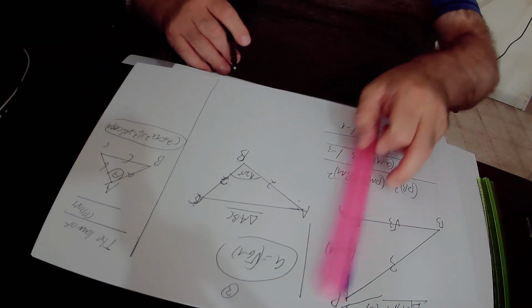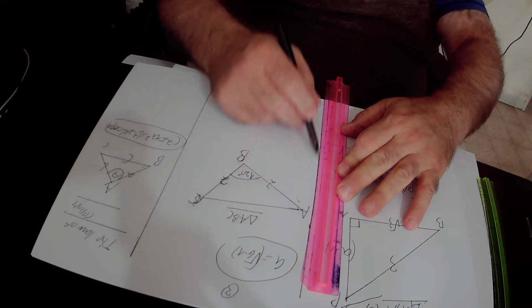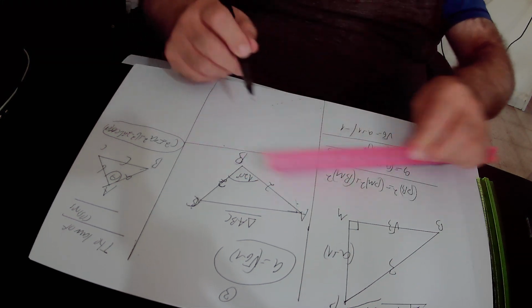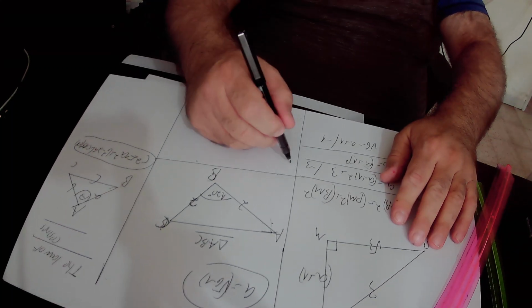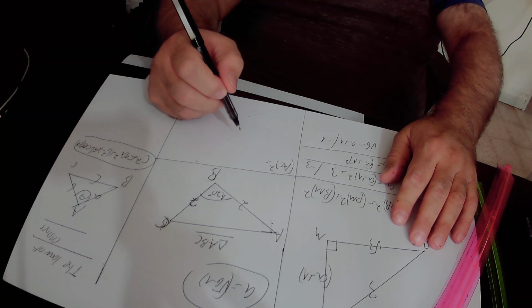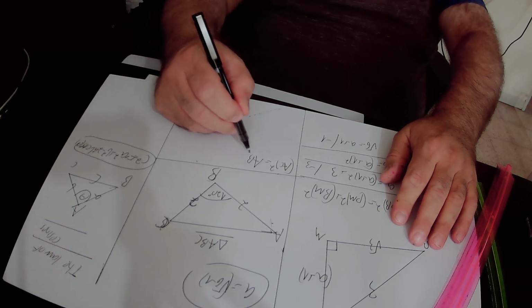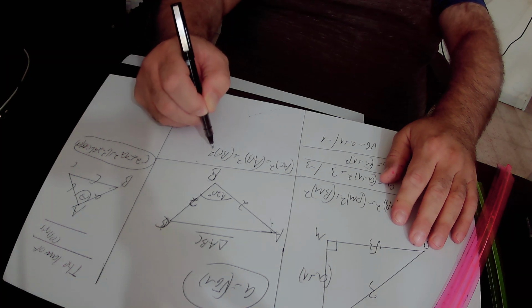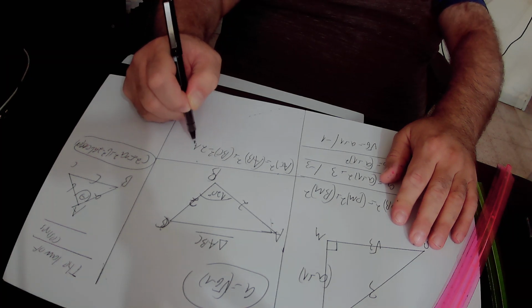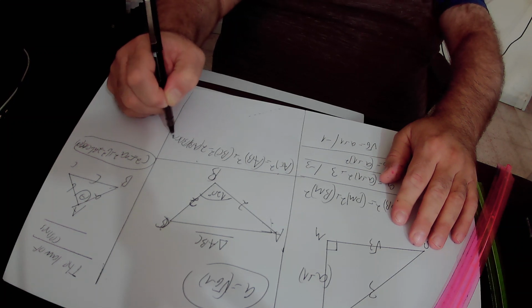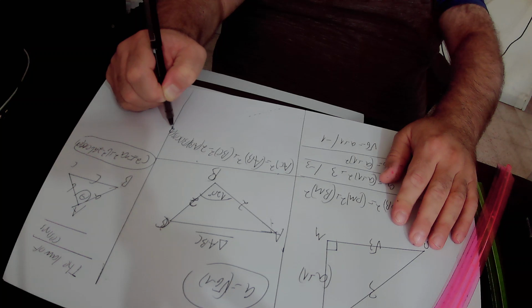We will implement the law of cosines in our triangle ABC. According to the law of cosines, in this triangle ABC, AC squared equals AB squared plus BC squared minus 2 times AB times BC times cosine 120 degrees.